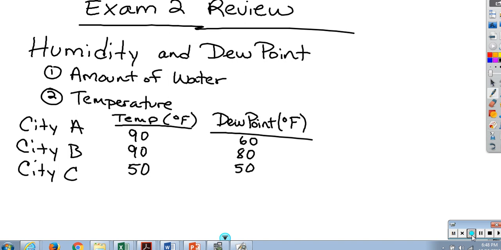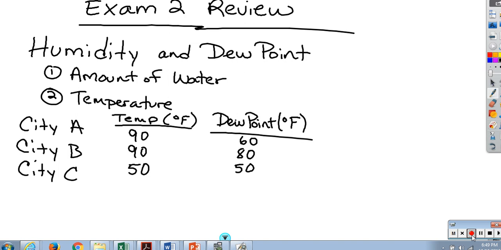So if you add more water into the air and don't change the temperature, the dew point will go up. You can still reach saturation if the dew point goes up, but that's done by adding more moisture.